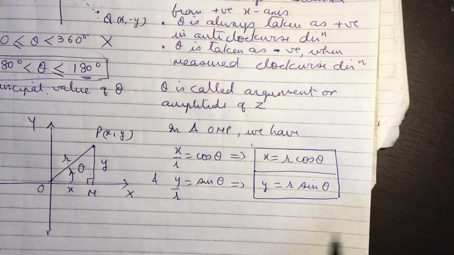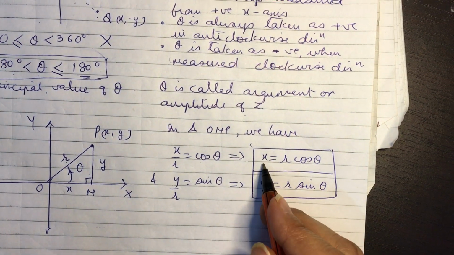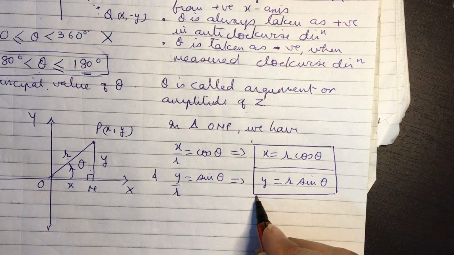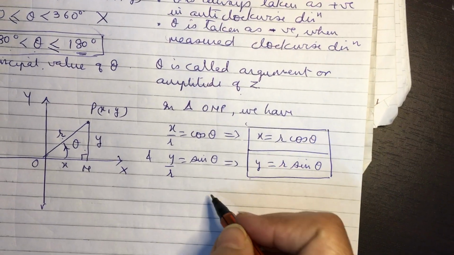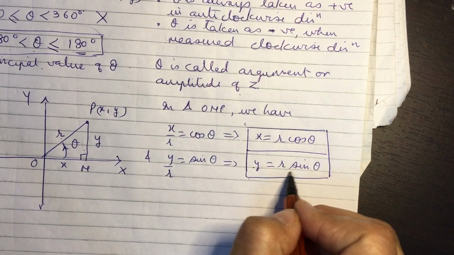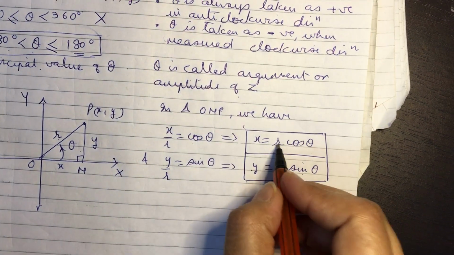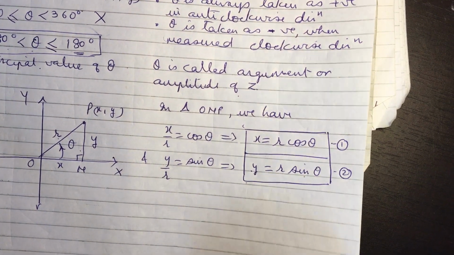So, if you know r and theta, you can find the value of x and y. Now let's see the other way round. If we are given x and y, how do we find r and theta? Let's call these equation number 1 and equation number 2.